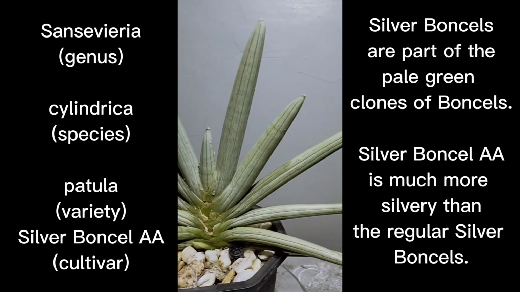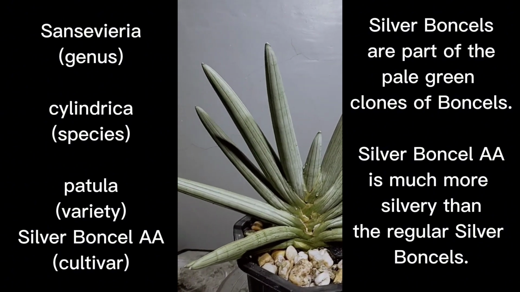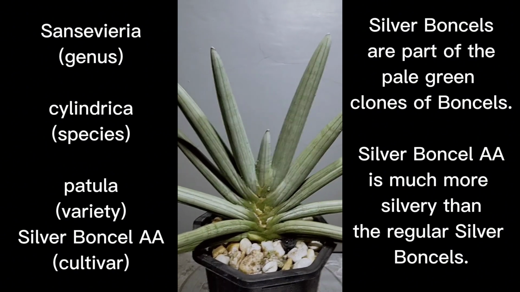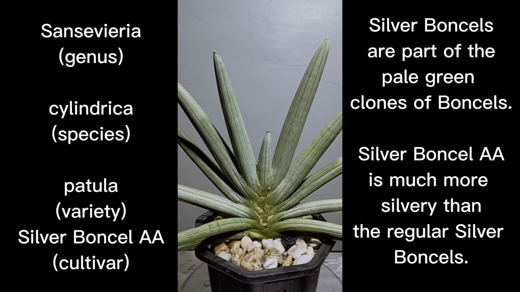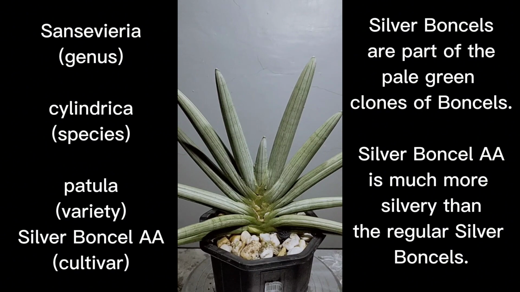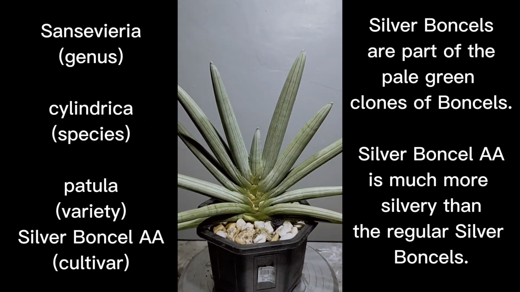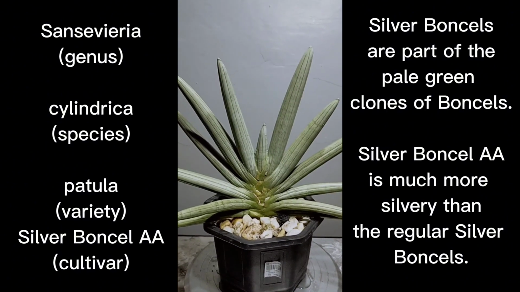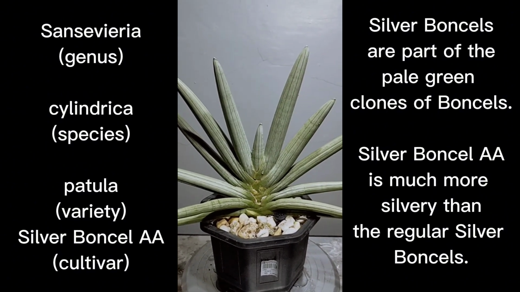AA stands for Arids and Aroids, and as I have checked, there was a post coming from the nursery itself stating that this mutation came from, as the post would say, and I will show it in this video in a bit.